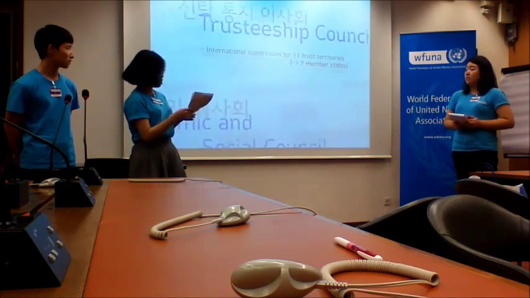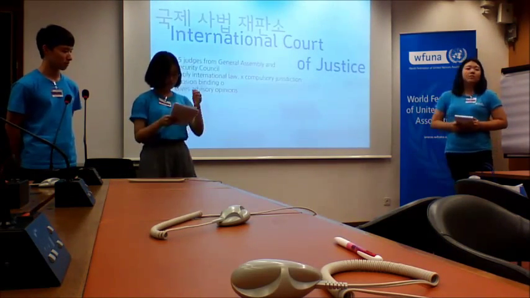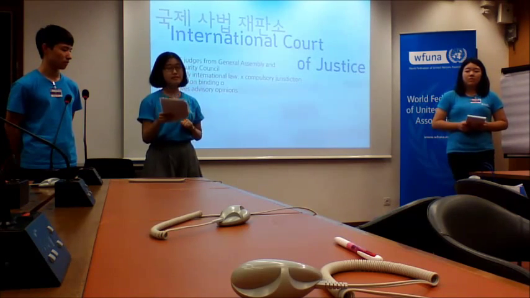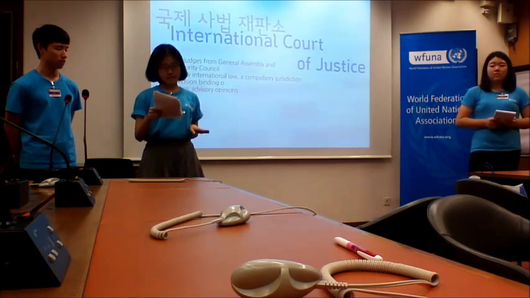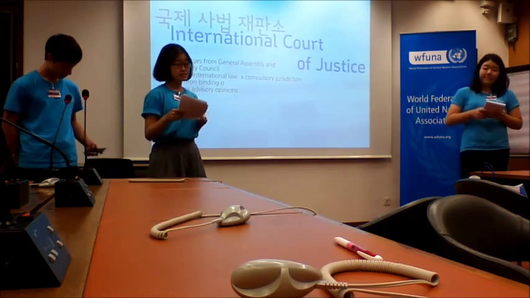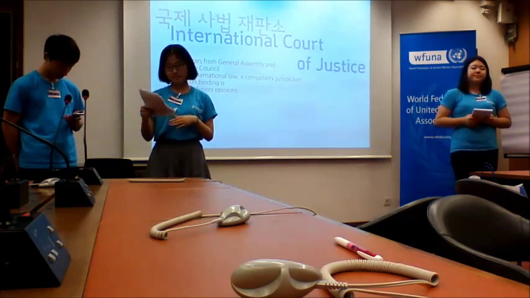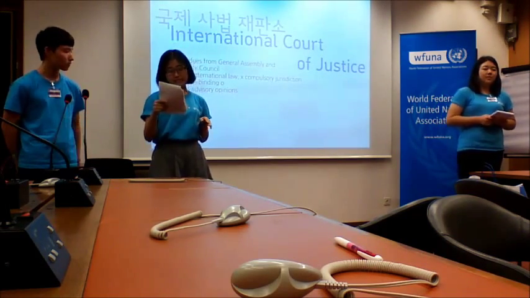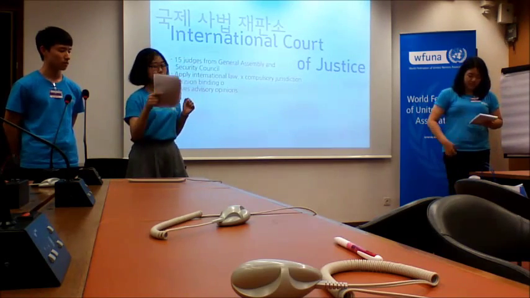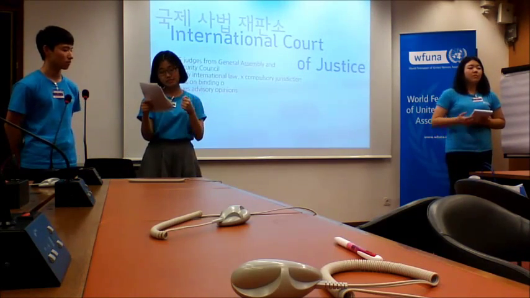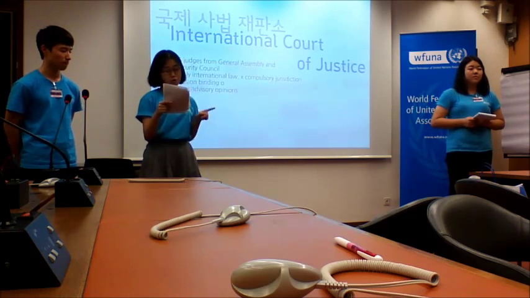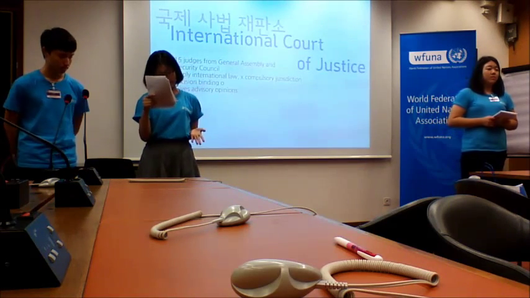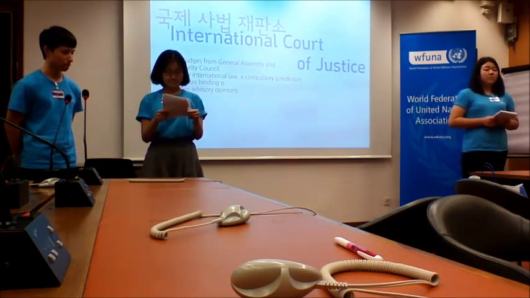So now, moving on to the International Court of Justice. The ICJ is basically the judicial court of the United Nations, consisting of 15 judges elected by the General Assembly and Security Council. The ICJ applies international laws, and it has the right to bind decisions, but no compulsory jurisdiction, which means no forcing.